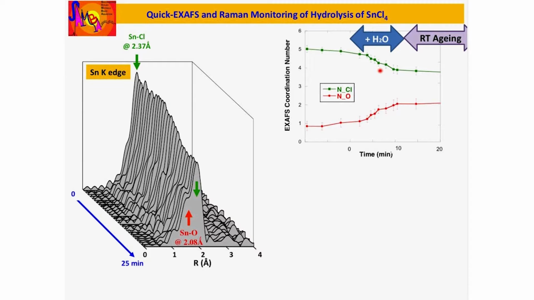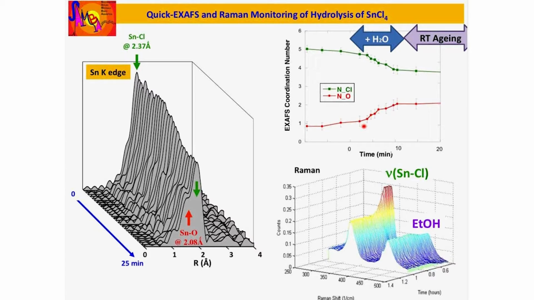And you see that during the water addition, the coordination number for chlorine changes from 5 to about 4, and the coordination number for oxygen increases from 1 to 2. This results from the exchange of chlorine ligands by water molecules during the addition of water.